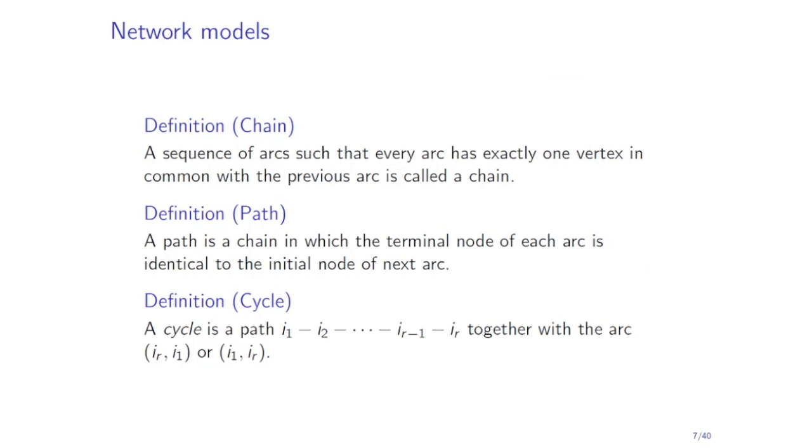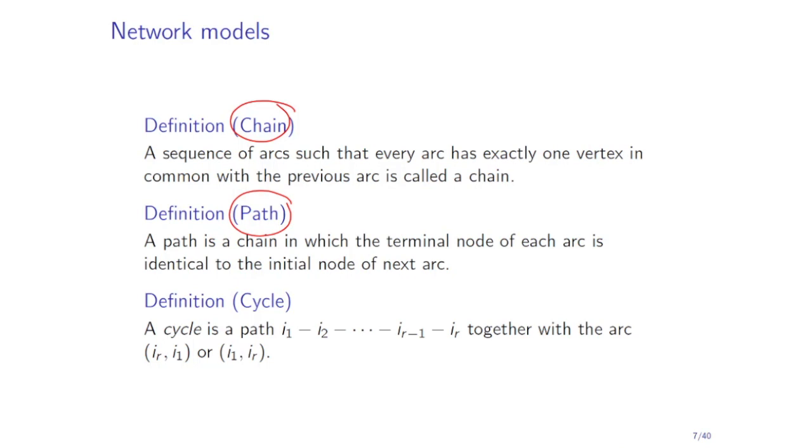More definitions. So far you know what a graph is, what a vertex is, what an edge is, and also what an undirected graph, a directed graph, an unweighted graph, and a weighted graph are. Now I'm introducing a couple more concepts. Let's talk about chain and path first.